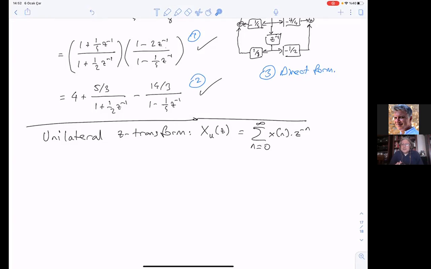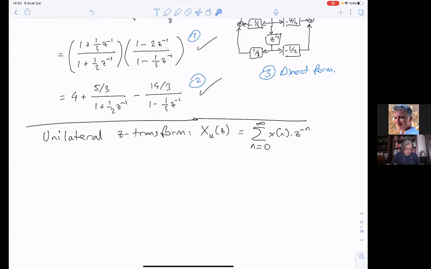Since there is no left-hand sided information, that information must be injected into the Z transform through so-called initial conditions, just like the unilateral Laplace transform's initial conditions. You have to know, for example, x of 0.